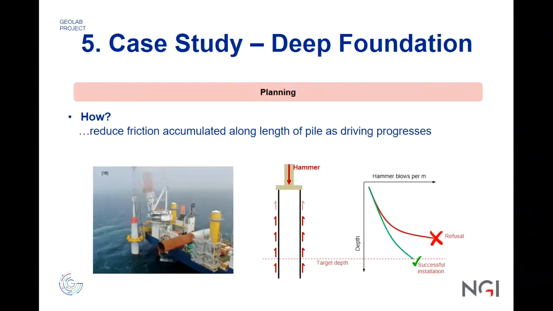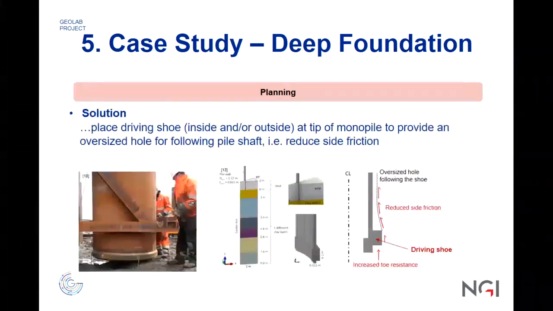And then the question is, how can we reduce the friction accumulating along the length of the piles as the driving progresses? The solution that they want to test, to find out if it works, is to place driving shoes both inside and outside at the tip of the monopile, as you can see in the pictures here, in order to provide an oversized hole for the following pile shaft and reduce pile friction.